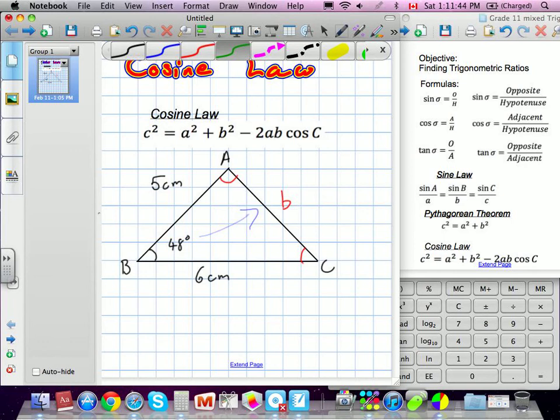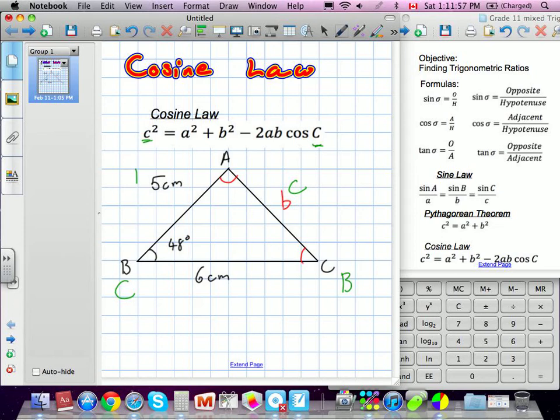This will now be angle C and side C, so that corresponds with our formula, because those are the two variables we'll be able to solve for in this formula. Okay, and then the rest doesn't really matter, so I can keep that A, and I'll just change this to B. Okay, does that idea make sense?